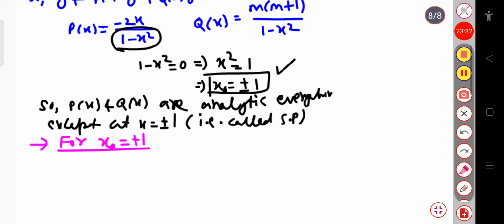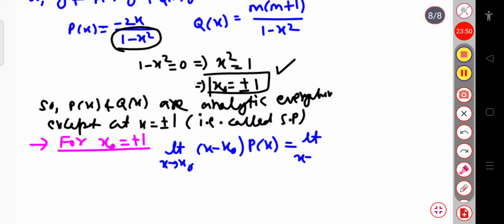So when x naught equal to plus 1, first we have to check the limit x tends to x naught, our formula, this is x minus x naught into p of x, you have to check, and its value is equal to limit x tends to 1, x minus 1, and the p of x value will be minus 2x divided by 1 minus x square.